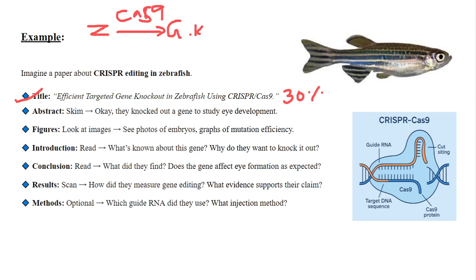And the abstract. Okay, they do gene knockout studies in eye development. In the abstract they measure the gene knockout they are doing. Where are they doing it? They mention which gene, and the gene knockout in the eye, in eye development.